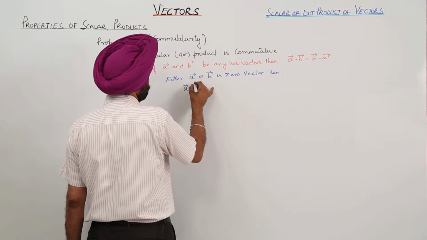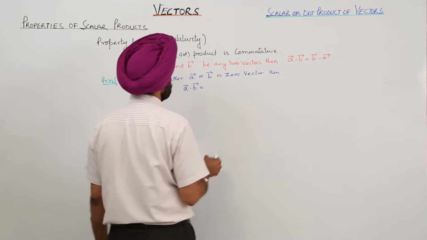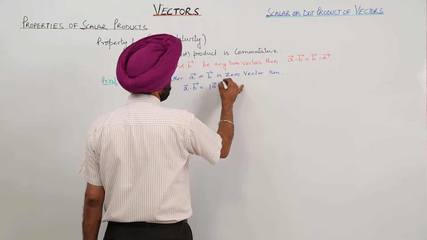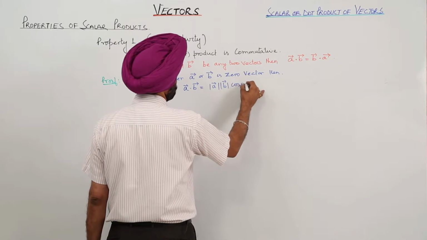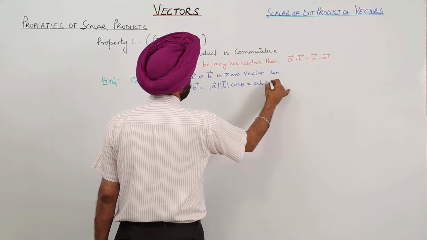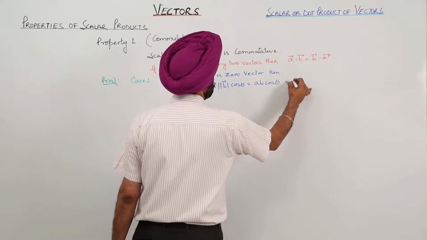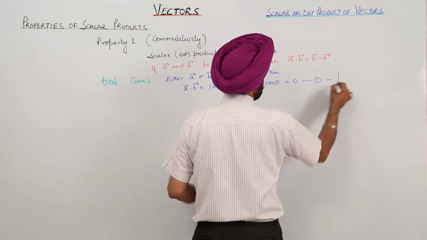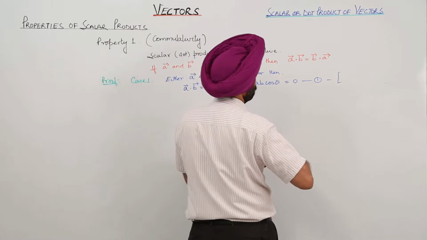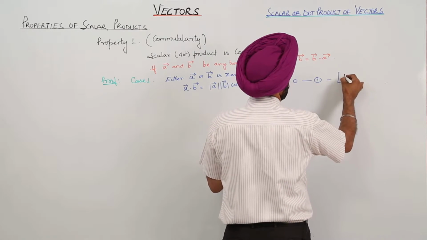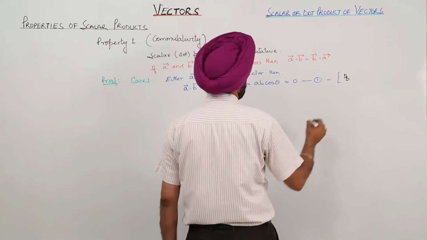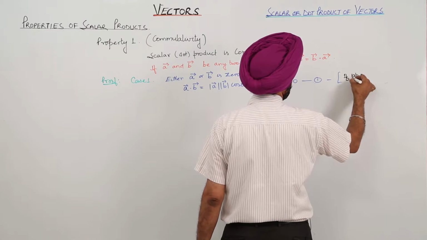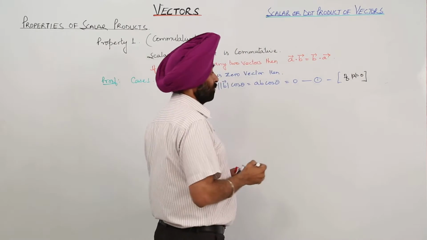vector A dot vector B is equal to AB cos theta. This is equal to 0 if the magnitude of A is 0.